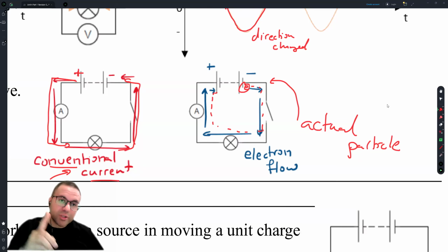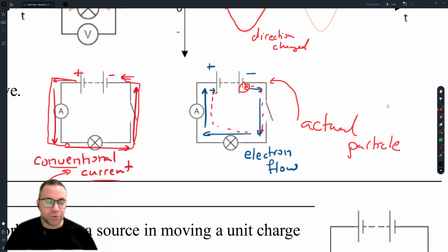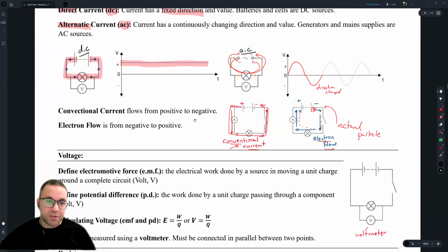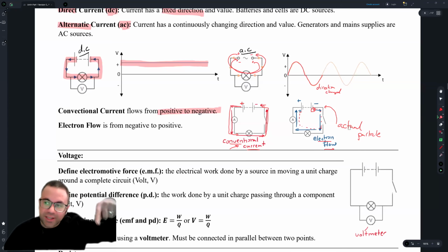But we don't call it a current because we don't want to be confused. We just call it the flow of electrons or electron flow. So in all of our circuits, if I ever discuss a current, it is always from positive to negative. We never use negative to positive unless I specifically ask you about electrons. Okay?